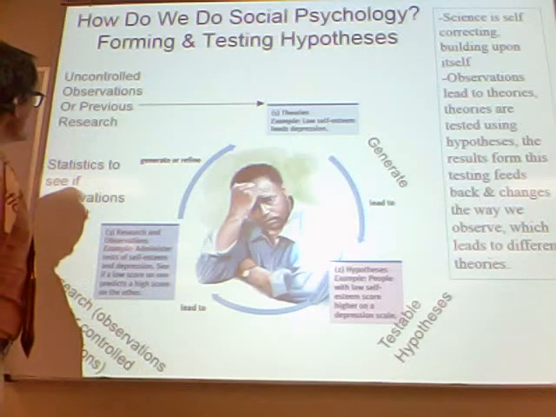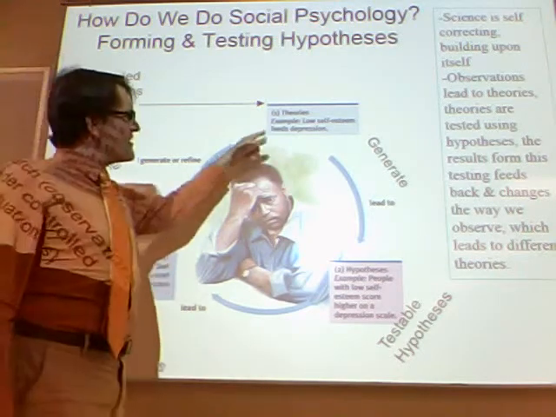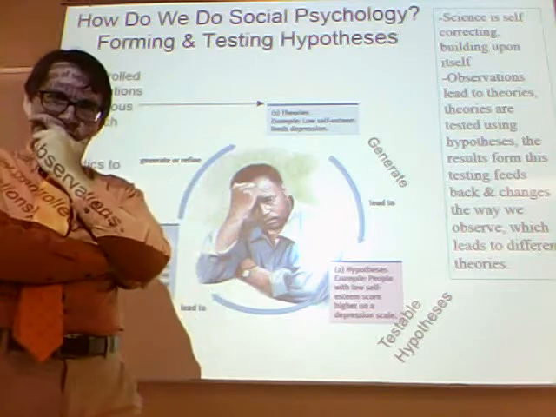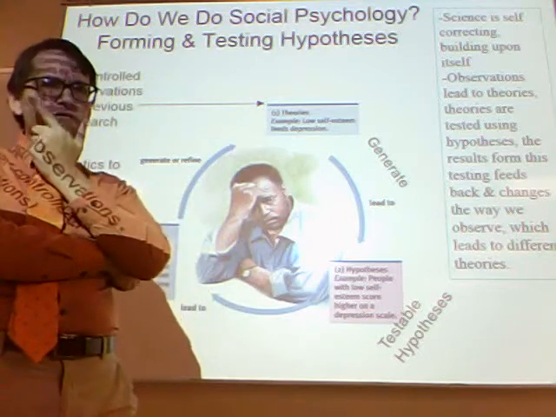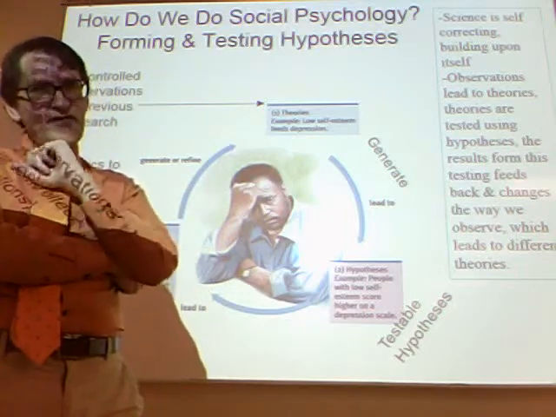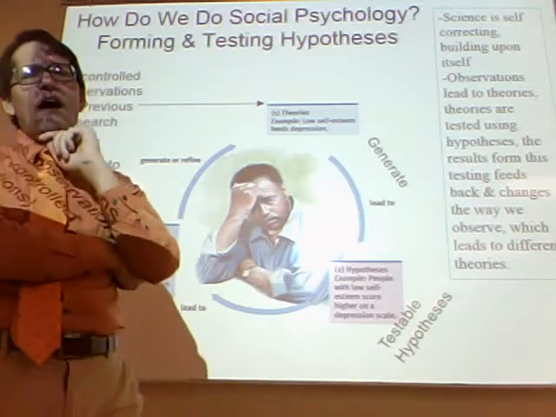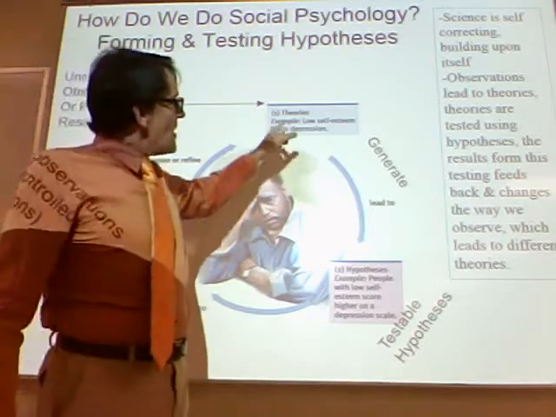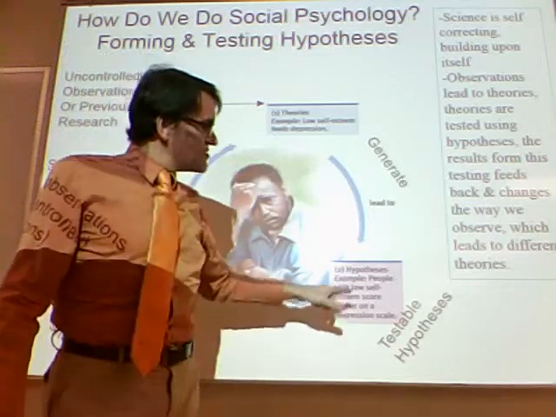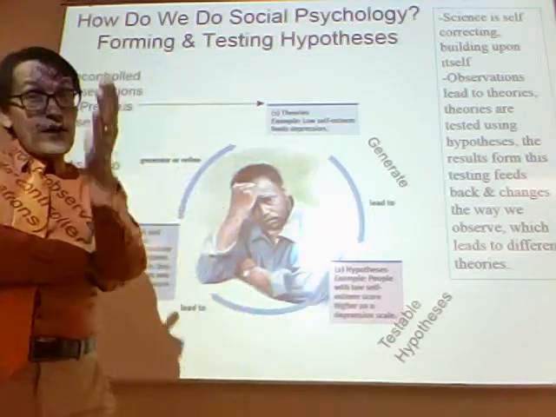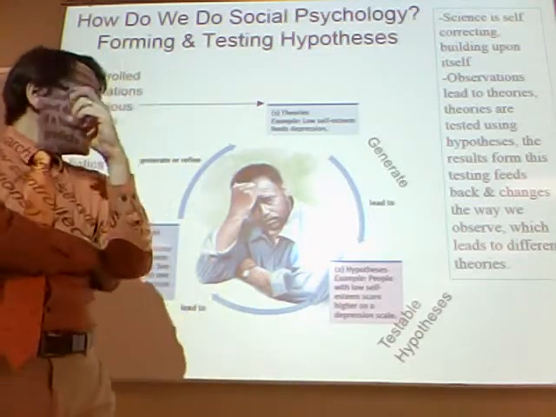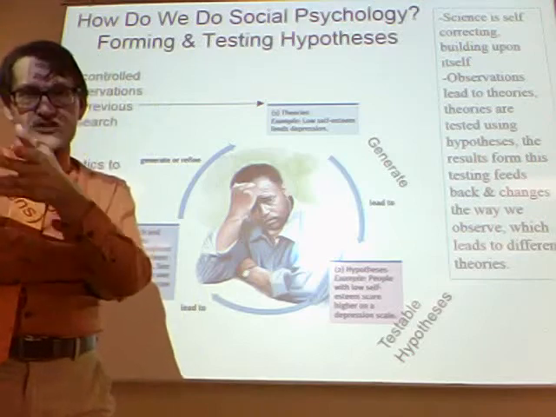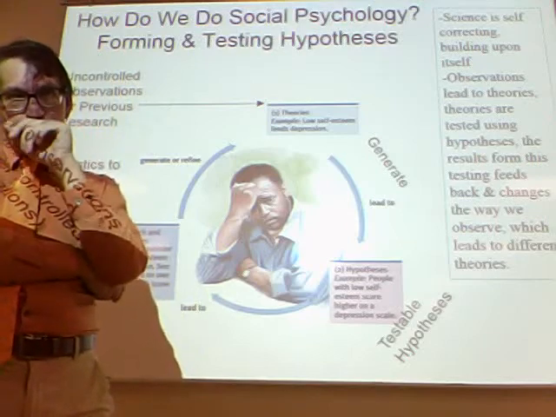And so I use these uncontrolled observations and generate a theory. Maybe I say, happy people are friendly people. That is my theory. I theorize that people that are happy are friendly. I will take that theory and generate a hypothesis, which is going to start to be testable. In a perfect world, a hypothesis should be an if-then kind of statement.